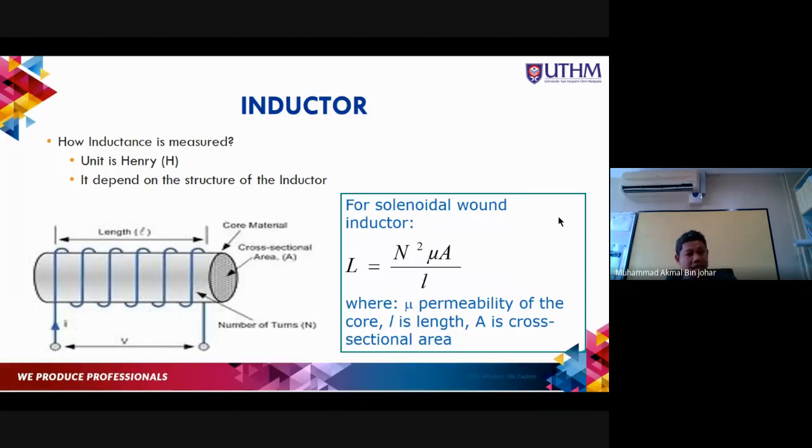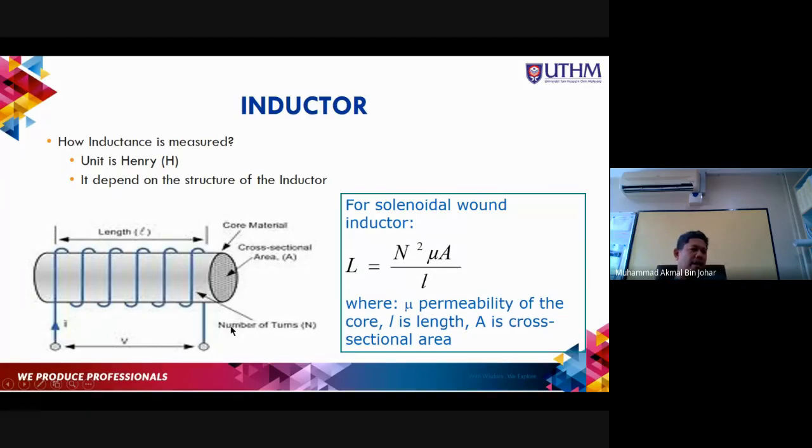In order to calculate the inductance for a solenoid wound inductor, the calculation is fairly simple. You have L, the inductance value, equal to N squared times mu A divided by l, or length.